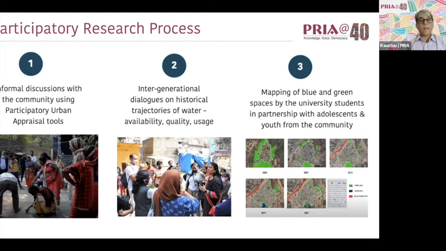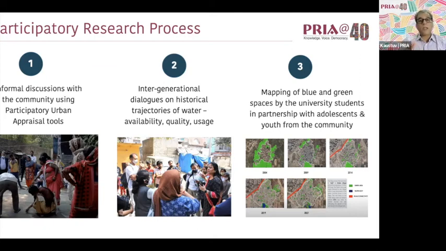And in the second part, we organized several intergenerational dialogues, particularly on the historical trajectories of water. In Ghata, the community has been living there for 50 years, and Gautampuri was a resettlement colony, resettled 20 years back. So they have a very different history with the water.